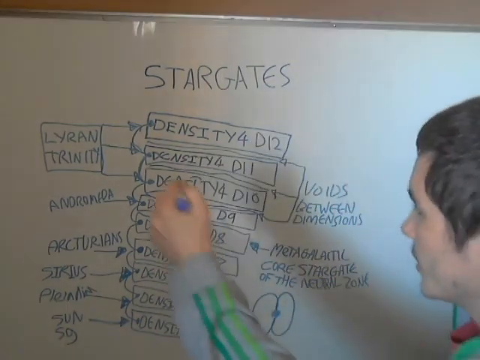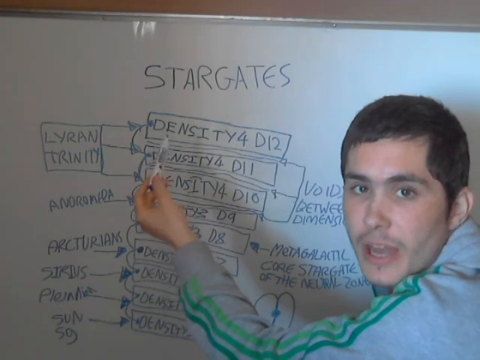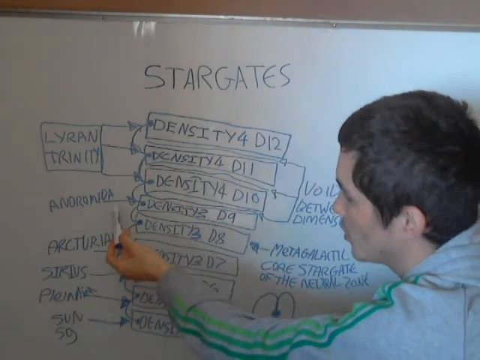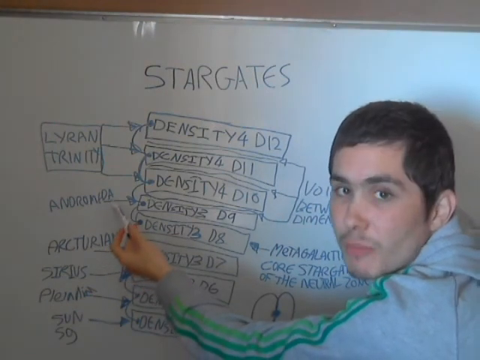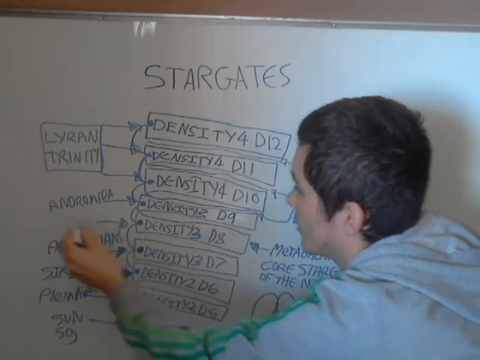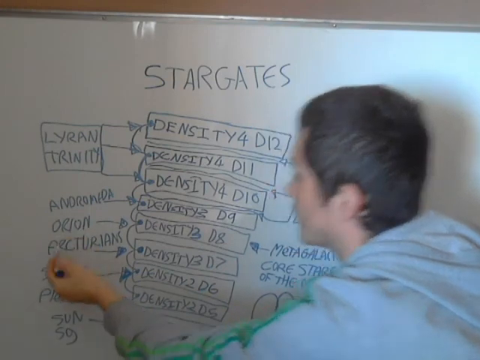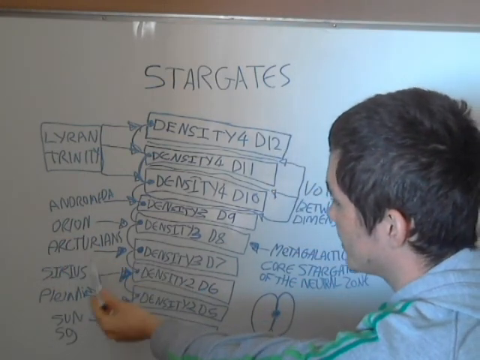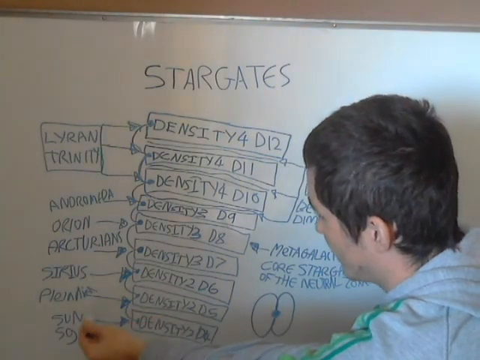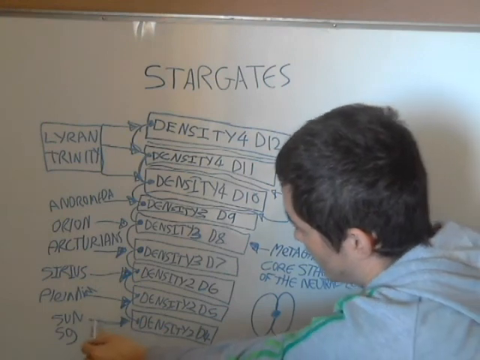Also at each Stargate we have a council, which is, for example, D9 is the Andromeda Council, D8 is Orion Council, D7 is Arcturian Council, D6 is Sirius Council, D5 is Pleiadian Council, D4 is the Council of the Sun.